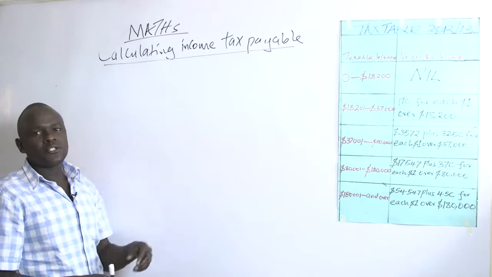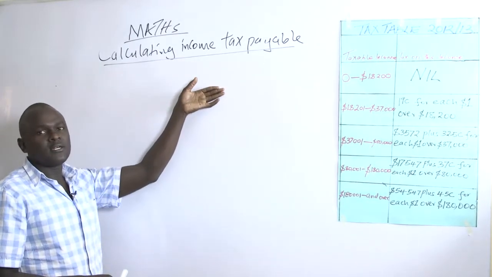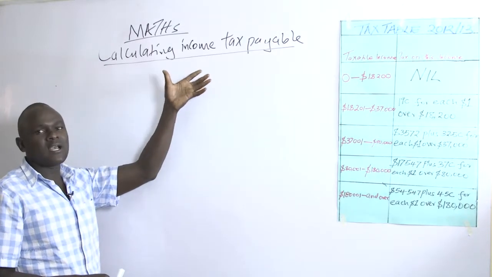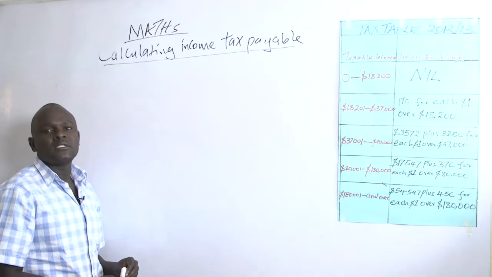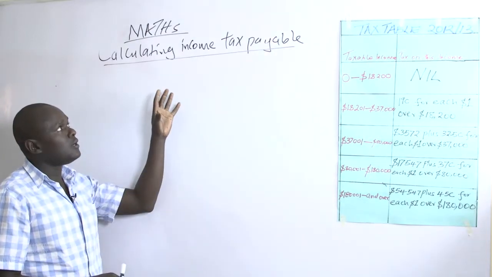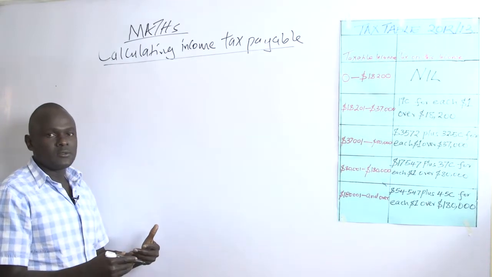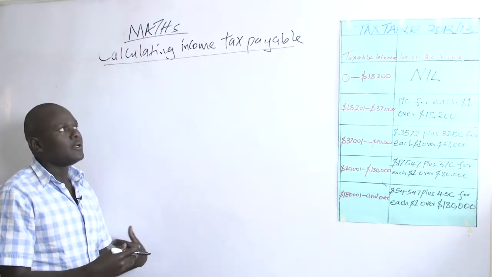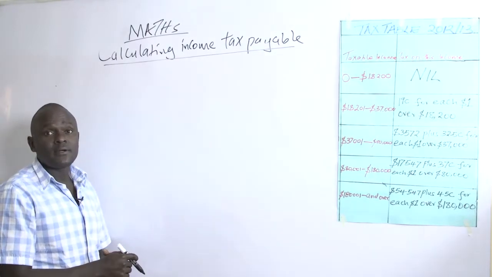Income tax payable simply means the amount of money that an income earner has to pay to the government. It is some kind of liability.